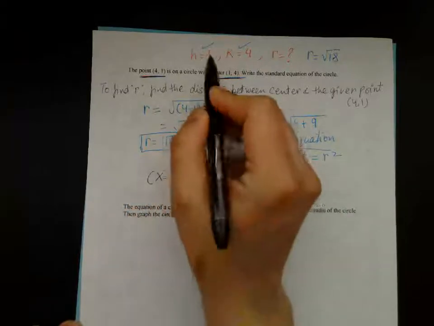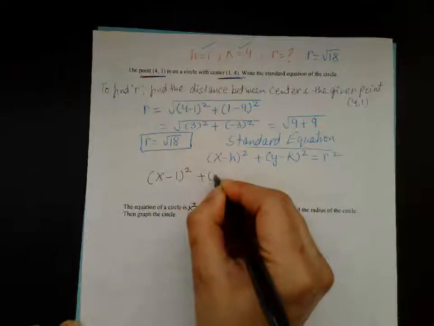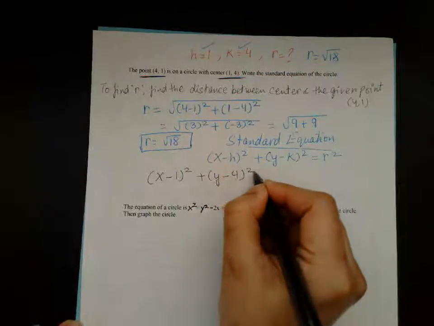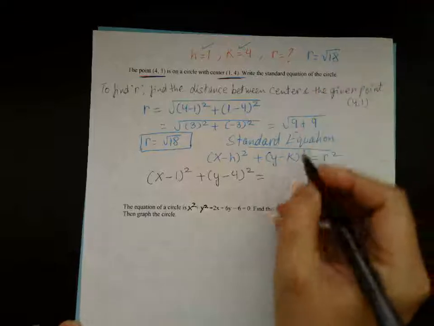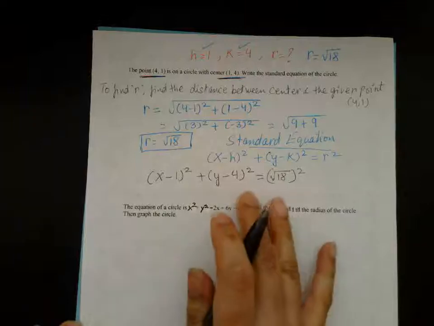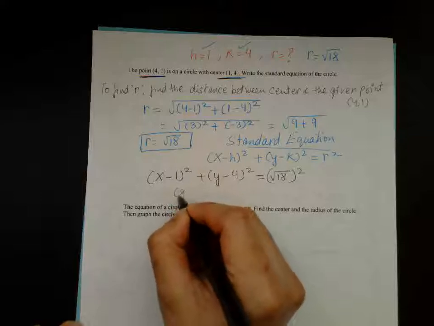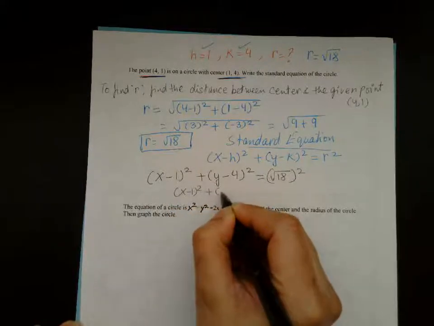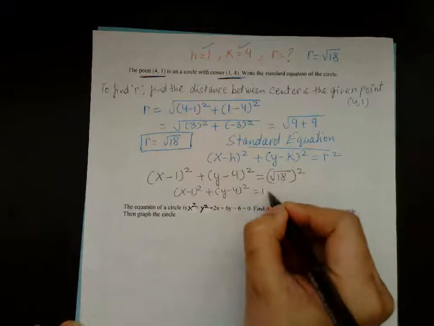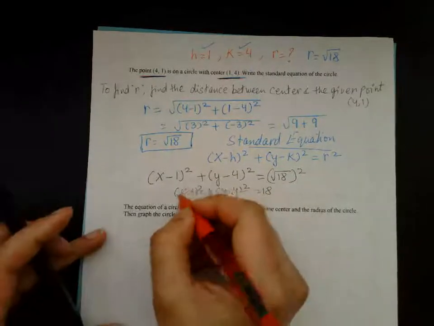Okay, x minus, what is h? 1, so (x - 1)² plus (y - 4)². What is r? r is radical 18. Radical 18 squared. Can I leave my answer here? No. I need to simplify it. The final answer will be (x - 1)² + (y - 4)² = 18, since radical 18 squared is nothing but 18. This is your final answer.